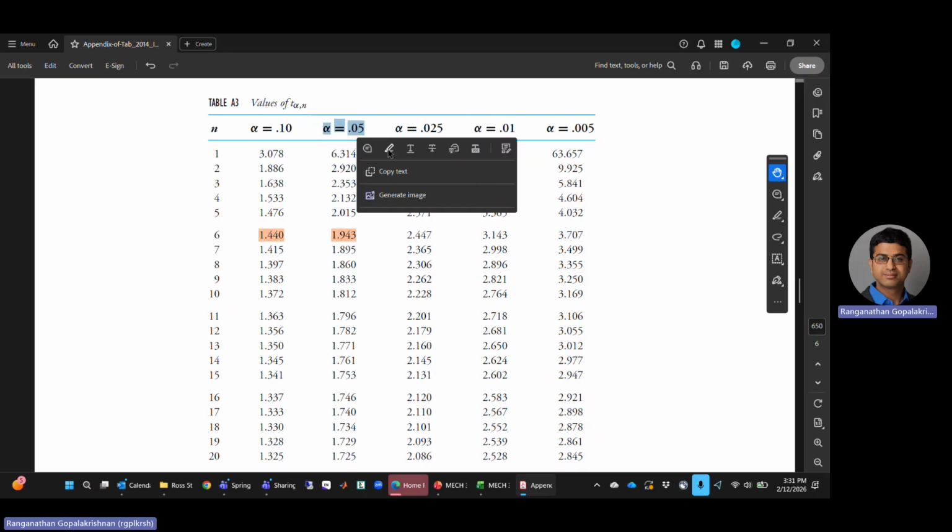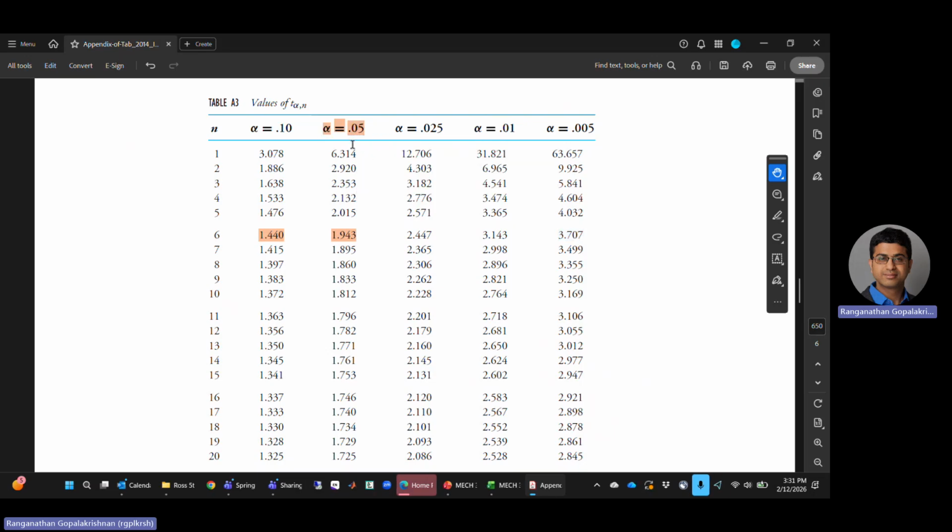Just sweep your eye from top to bottom and tell me what happens to the values. They seem to flatline, right? They were initially 6.3 and now they are heading towards 1.7, and then only in the second decimal point something is changing. They're flatlining, like converging, right?